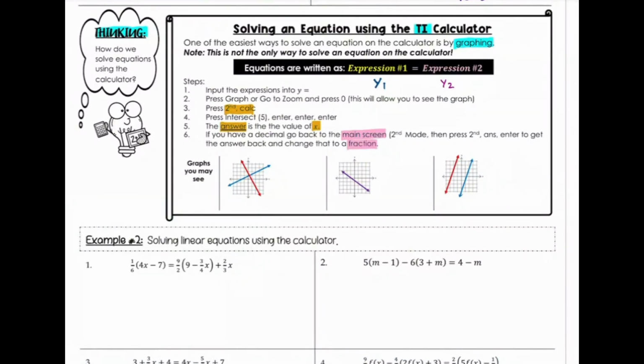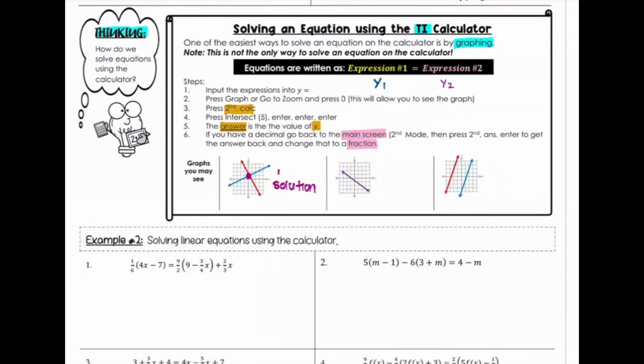All right. So when we are looking at our graphing calculators, there will be 3 possible situations that we will see. The first one, we will see 2 lines that intersect at a specific location. So in this case, we have one solution.